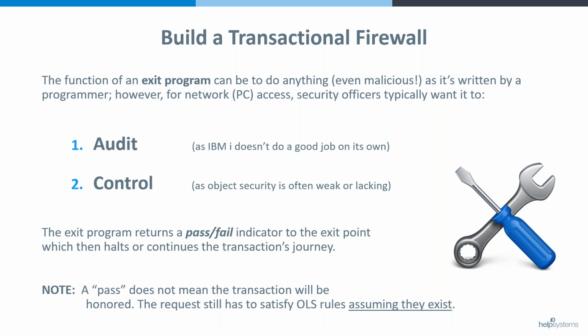But just remember, the exit program can do anything. So when we take a look at security on a box and we inventory the exit programs, if we find an exit program on just one or two of the about 30 different exit points, then that's a bit of a red flag because it's usually indicative that somebody wrote these programs themselves, and we want to be very clear on the role and function of that program to make sure it's working appropriately.